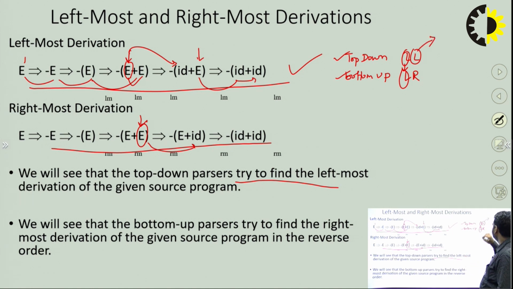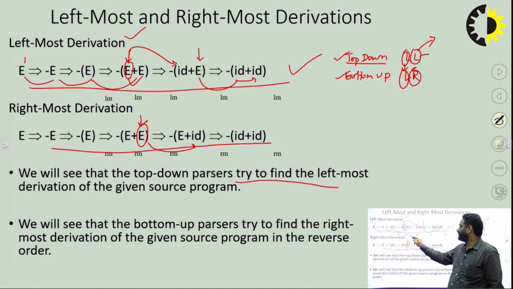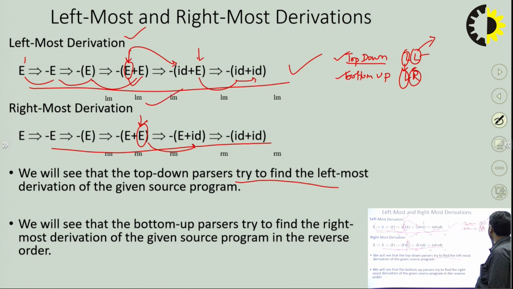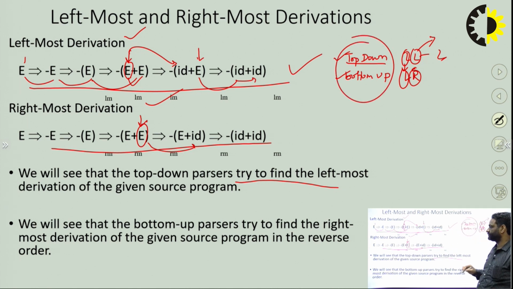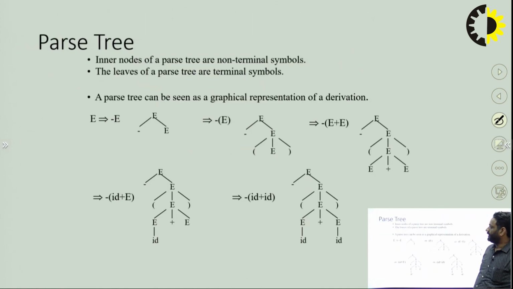In the second, in top-down, we are using leftmost derivation, and in bottom-up, we are utilizing rightmost derivation. LL and LR are other representations of these two approaches. The top-down parser tries to find the leftmost derivation of the given source program. The bottom-up parser tries to find the rightmost derivation of the given source program in the reverse order.